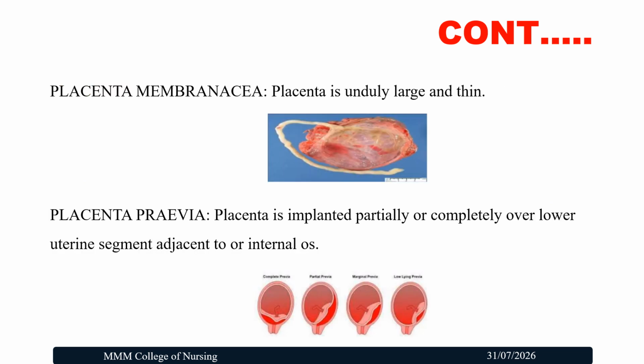Next is placenta membranacea. Here the placenta is unduly large and thin in nature. Next, placenta previa. Here the placenta is implanted partially or completely over the lower uterine segment, adjacent or near to the internal os.